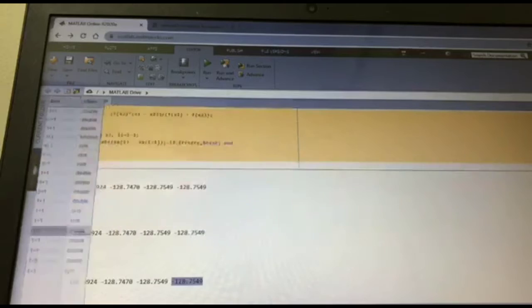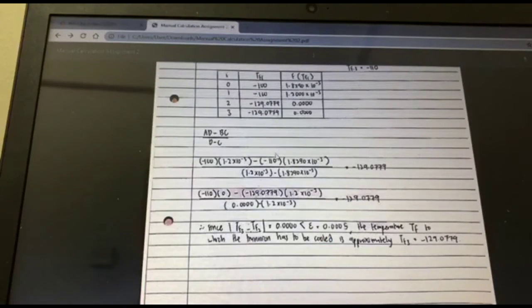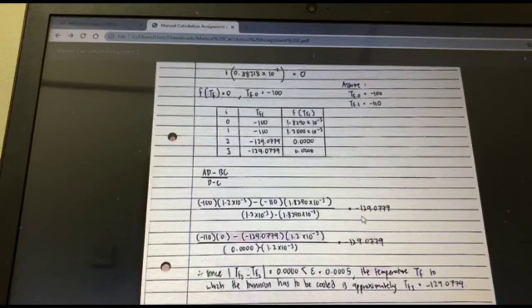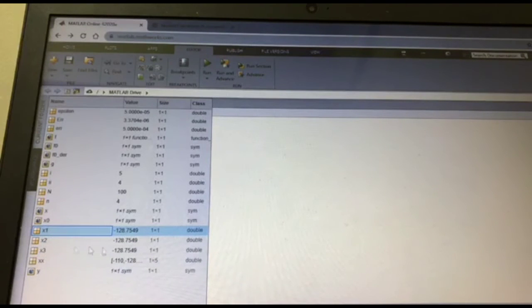If you look at the workspace, this coding calculates x1 as negative 128.7549, but the manual calculation gets negative 129.0049. Both x1 and x2 have the same value in the manual calculation, and the same goes for the simulation, which is negative 128.7549.